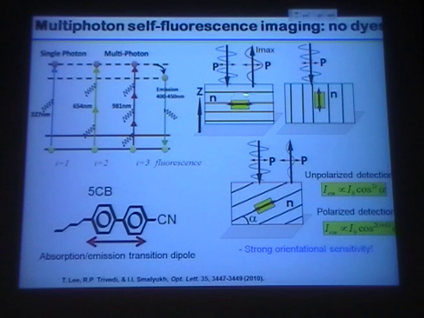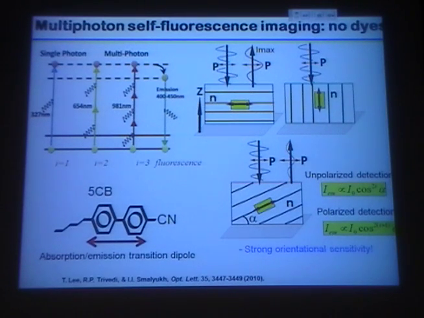So if we were to have 5CB molecules in the liquid crystal following director parallel to polarization of the excitation light, we'll have very strong signal coming in the form of fluorescence. Whenever they are perpendicular to each other, the signal is expected to be very weak, and then we'll have some angular dependence in intermediate cases, right? So this angle alpha will determine what kind of signal we get.